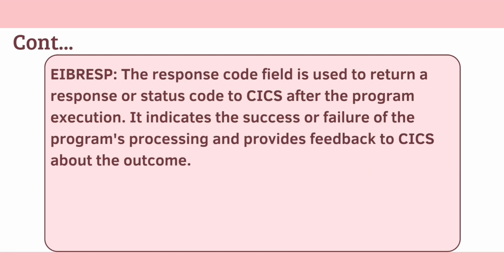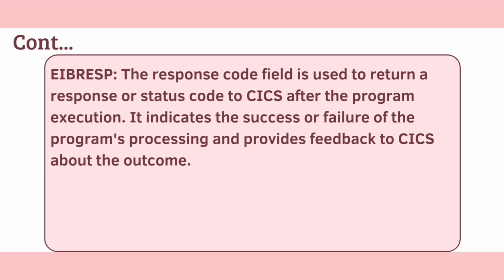Next is EIB RESP. The response code field is used to return a response or status code to Kicks after the program execution. It indicates the success or failure of the program's processing and provides feedback to Kicks about the outcome.